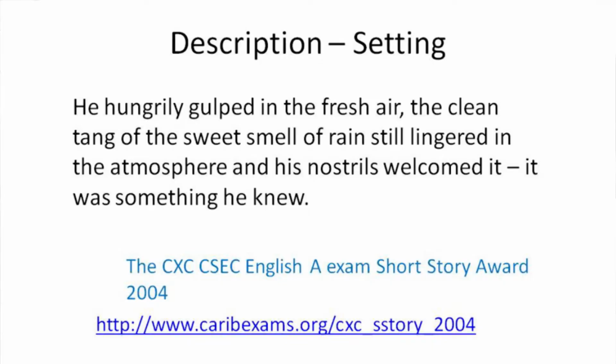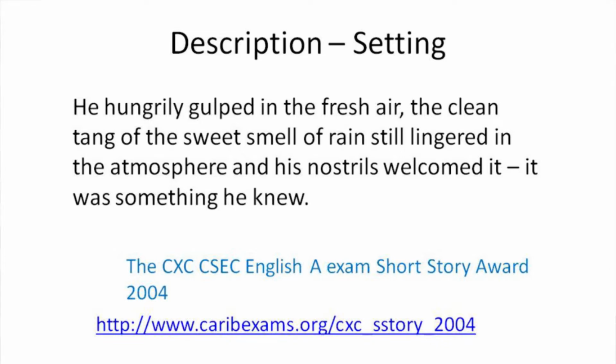Now, if I move on to the description of a setting, where the story takes place. I just looked at the description of a person, and I'm now looking at the description of a setting. He hungrily gulped in the fresh air.